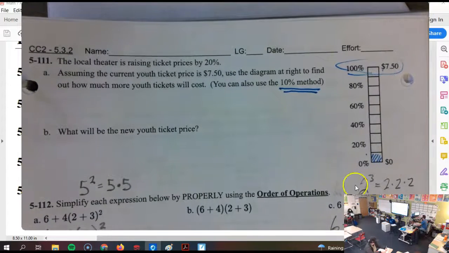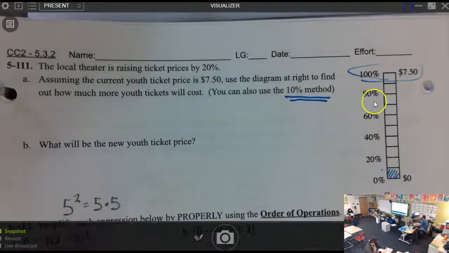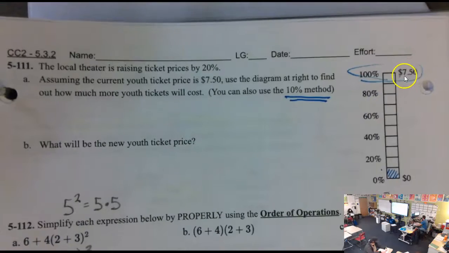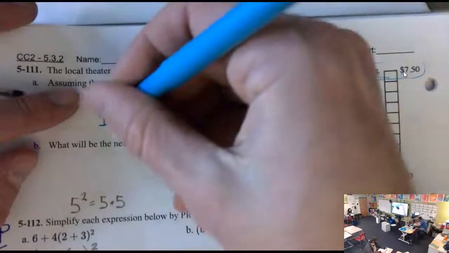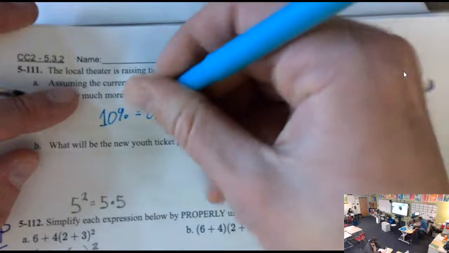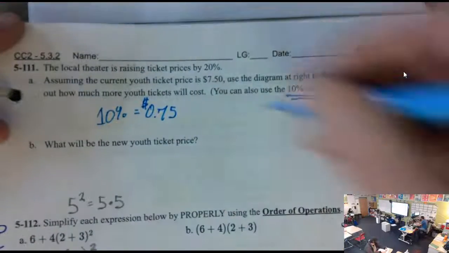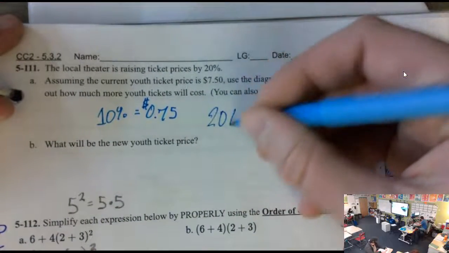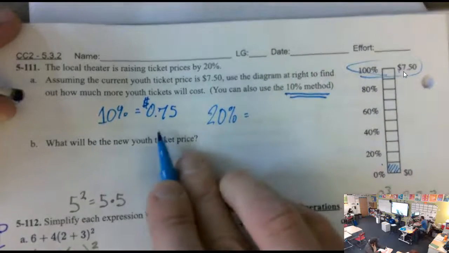And we said that we like this method that Vincent taught us because division by 10 moves the decimal. So 10% here is 75 cents, which means 20% would be double that, right?